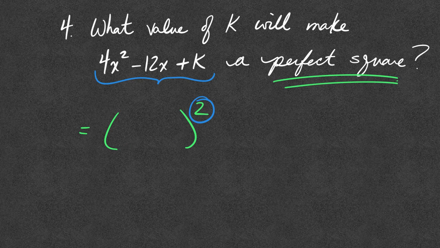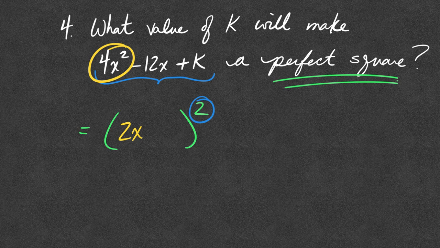A couple things to consider. If it is going to be a perfect square, then it's got to be something times itself. Let's zero in on the first term. When we expand that bracket, it's got to give you 4x squared. That tells us we can confidently say that the first term in our bracket has to be 2x, because 2x times 2x gives me 4x squared.